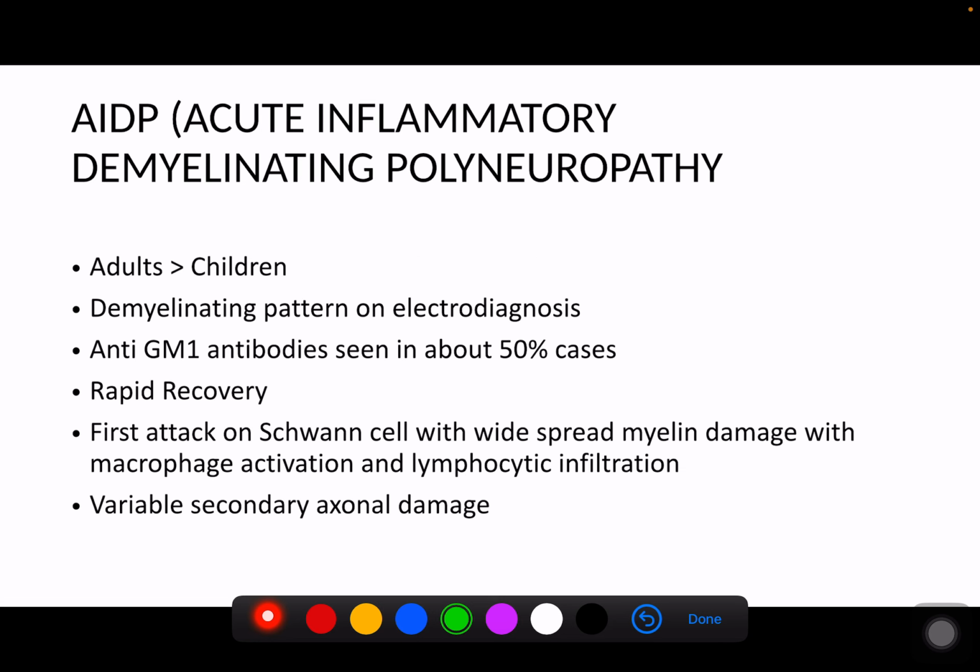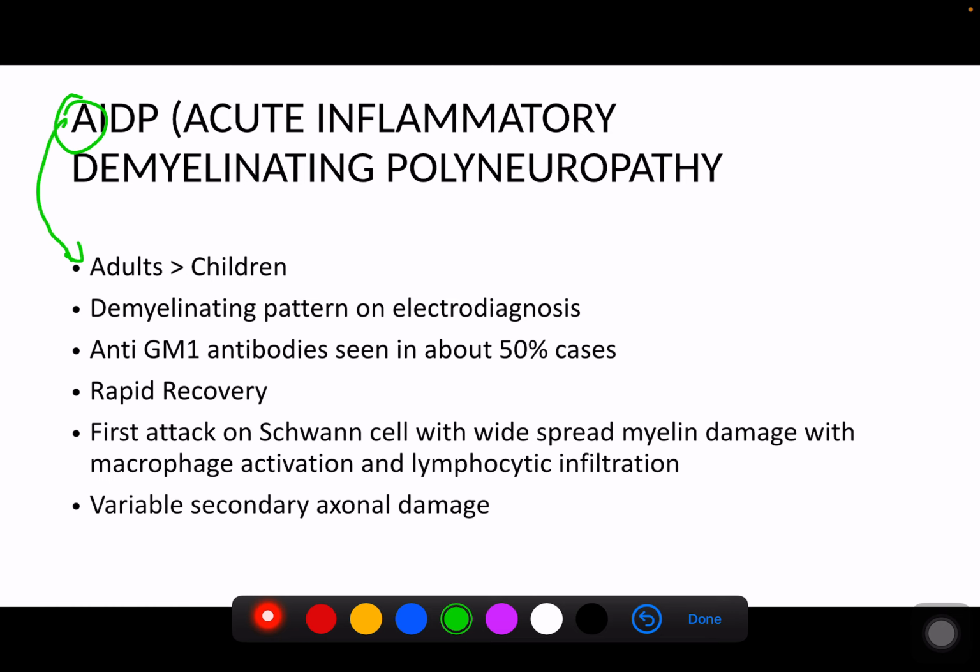Now let's talk about some different variants of Guillain-Barré syndrome. The first is acute inflammatory demyelinating polyneuropathy. Remember, A for acute, A for adults, so adults are more commonly affected than children. Whenever we go for electrodiagnosis, we can see a demyelinating pattern.